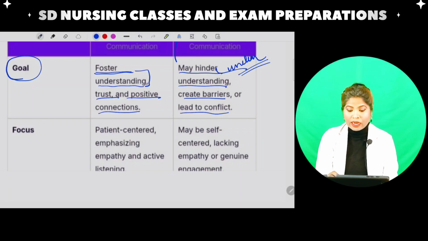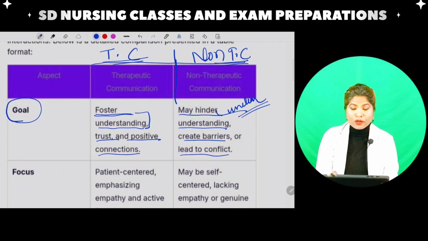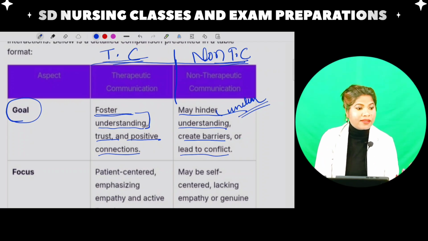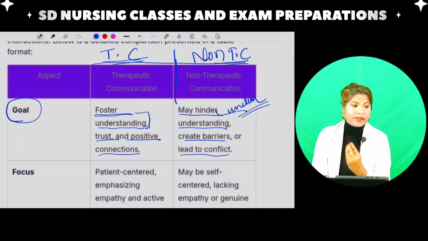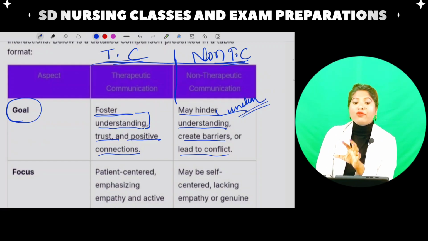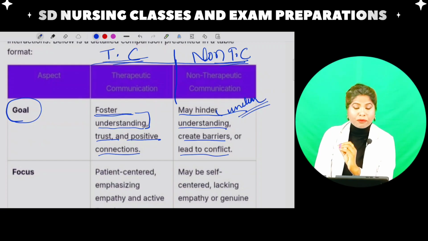But in non-therapeutic communication, it is more difficult to understand. The nurse is saying something and the patient takes it differently. We studied this in barriers: whatever we are saying, he understands in a different way. This type of situation comes under non-therapeutic communication.